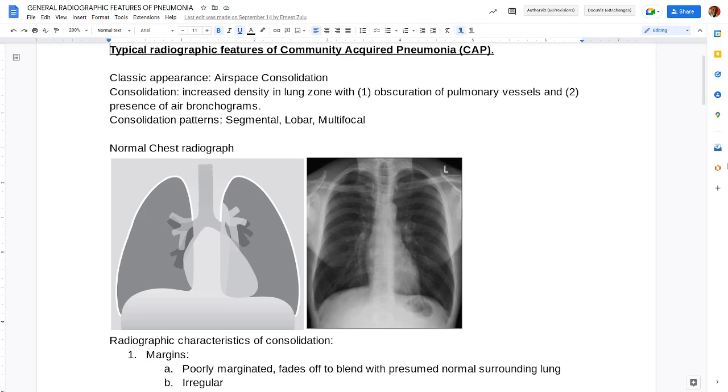And where there is a lot of hard stuff, for example bones, it will look white because these hard structures or materials in the body will absorb the X-rays, and those X-rays will not reach the film. That's the reason why, if you look, I'm sure you're able to identify the ribs. The ribs look white.